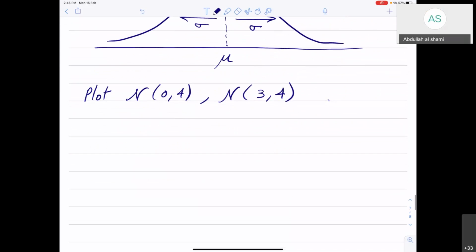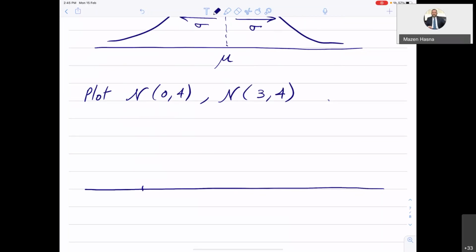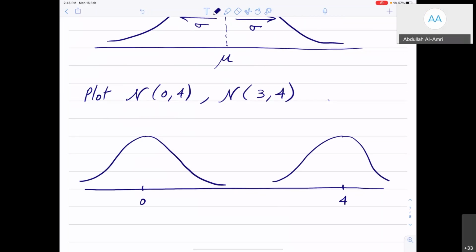So they are exactly the same, except one is centered at 0 and one is centered at 3. Yes, thank you, you're right. So this is this, and this is this.